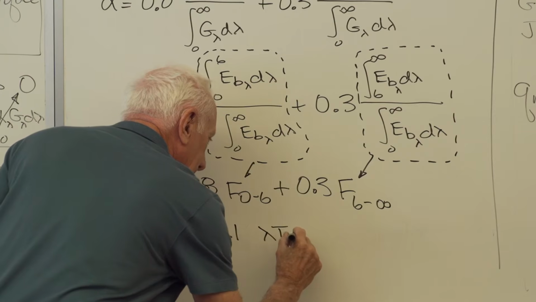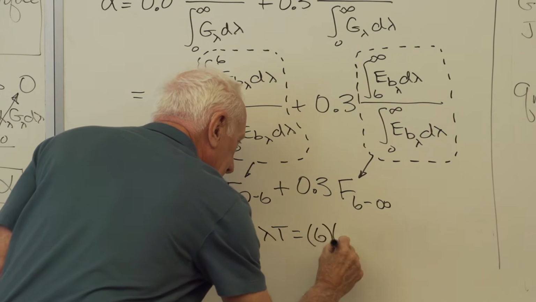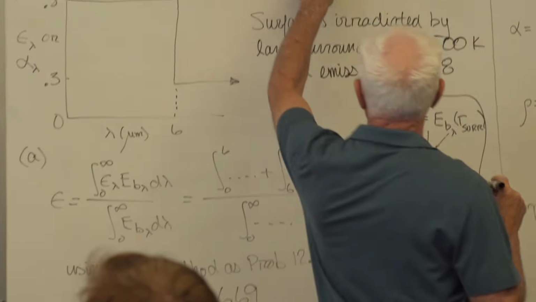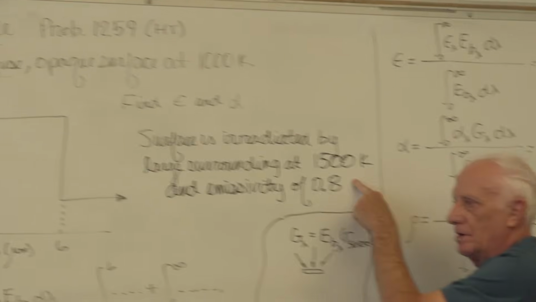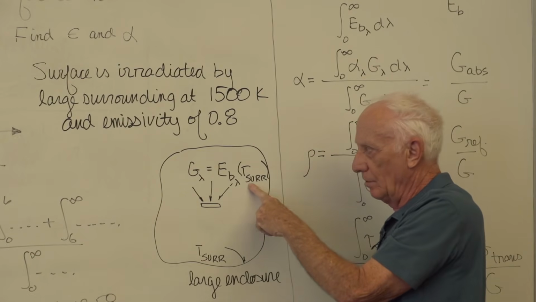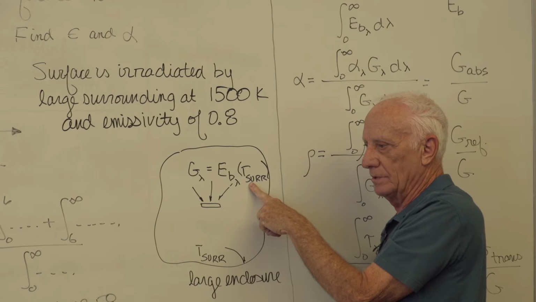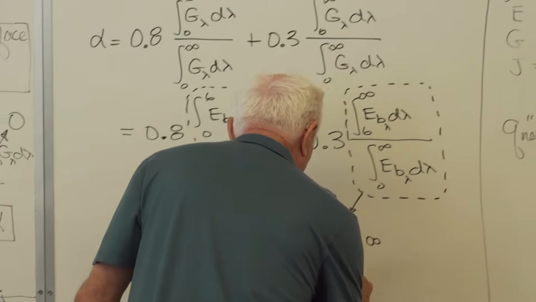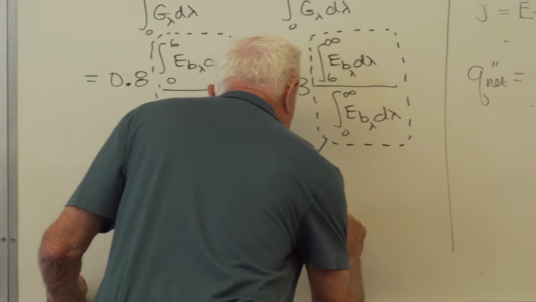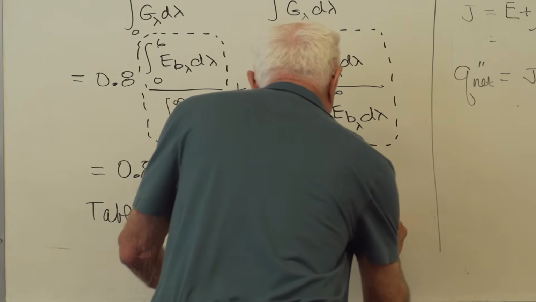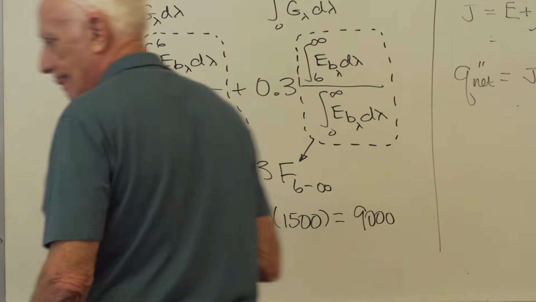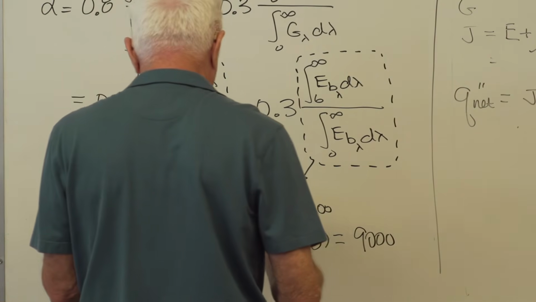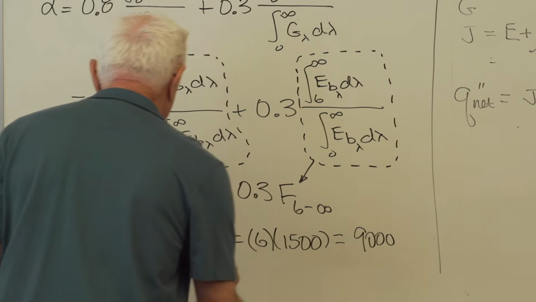Lambda T. Lambda, 6 microns. Temperature. Okay, there's two temperatures. There's a surface temperature, and there's the walls of the large enclosure temperature. This tells me go to the temperature of the large walls or the surroundings, 1500. My fraction of energy, let's see what my fraction of energy is, 0.890.